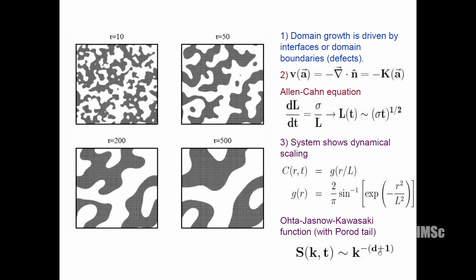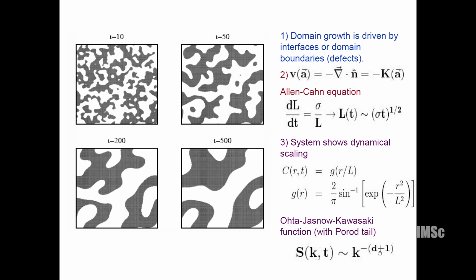Okay. And then finally, the last observation I made was that we've been able to use the motion of these defects to approximately solve for the pattern, and this calculation was done in a rather well-known paper in this field by Ohta, Jasnow and Kawasaki, and basically they found the scaling function explicitly. The most remarkable thing about the scaling function is that it has a Porod tail, which means the structure factor, which is what the experimentalists measure, at large k goes as k raised to the power minus (dimensionality plus 1).